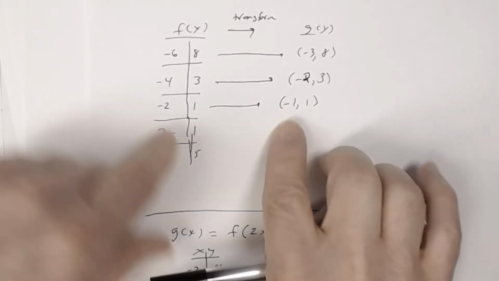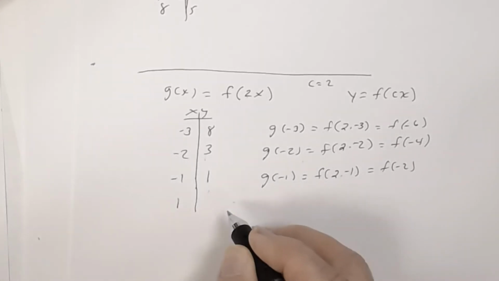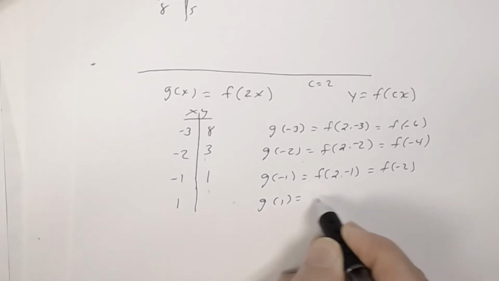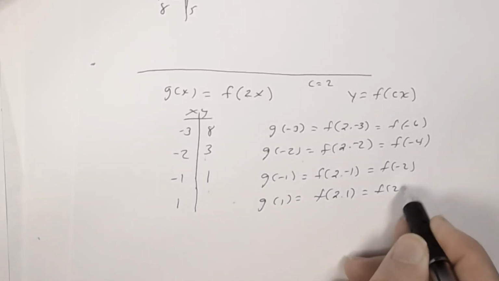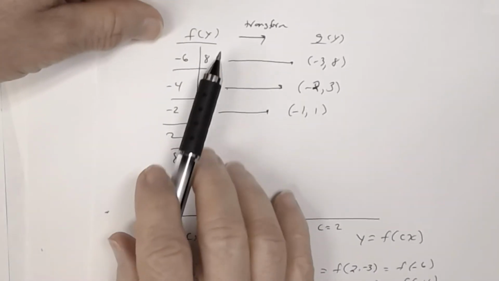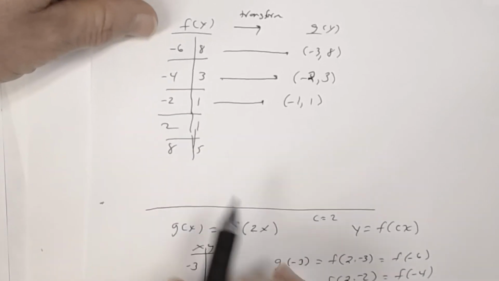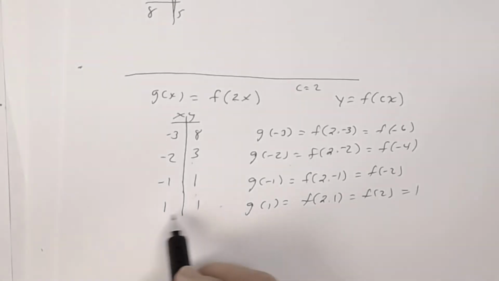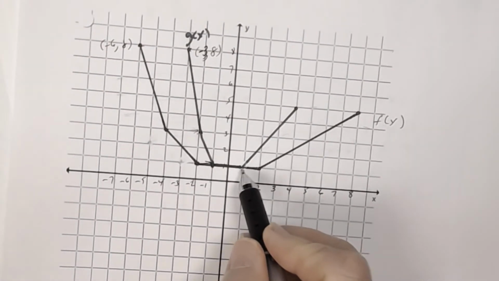All right. Let's look at this one. If x, let's say, is 1, let's find what g of 1 is. So g of 1 would be f of 2 times 1, which is f of 2. But do I know what f of 2 is? Do I know what my y value is when I go to my function f when x is 2? Yep, it's 1. So that's 1. So now look, see that 1, 1 right here?